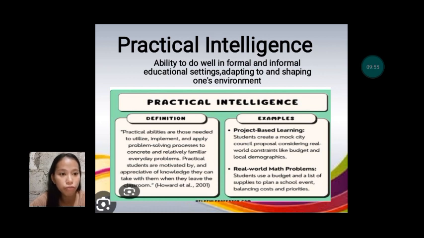Real-world math problems. Students use the budget and a list of supplies to plan a school event, balancing cost and priorities. Let's look at an example. Anne wants to purchase a used car and doesn't want to be taken advantage of.